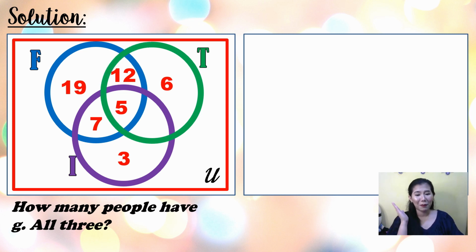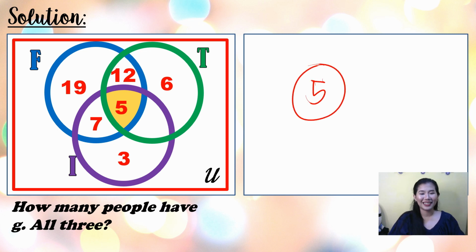Nasaan dun yung nagpapakita ng all three? Okay, let me shade it for you. There, okay? So, may susolve ka ba? Wala ka nang susolve kasi yun na yung nagpapakita na meron siyang Facebook, meron siyang TikTok, at meron siyang Instagram.